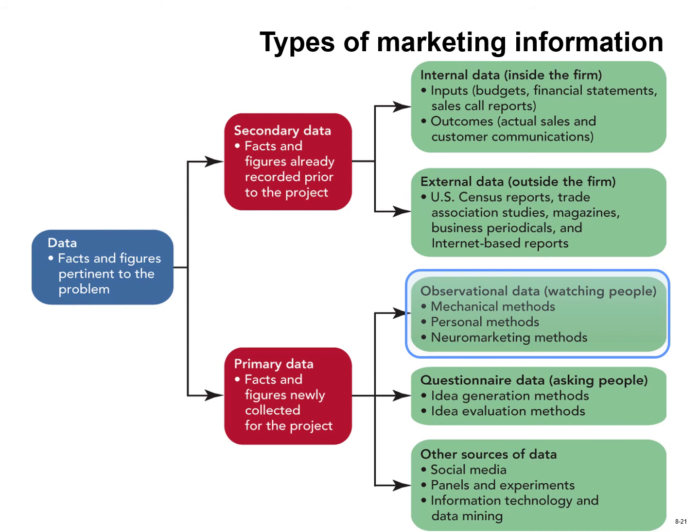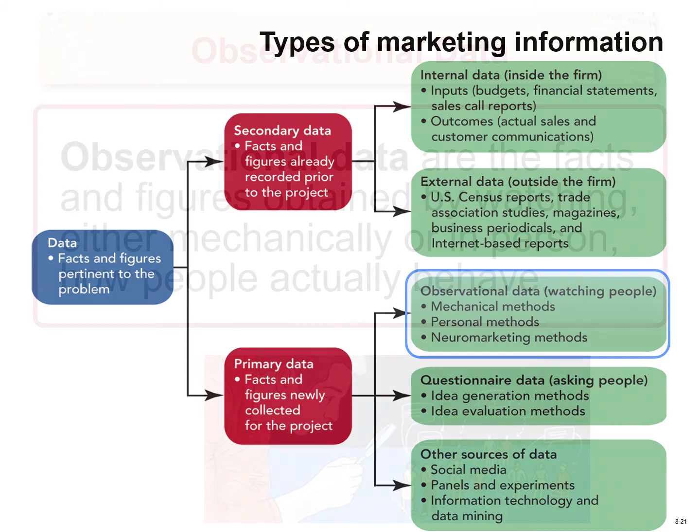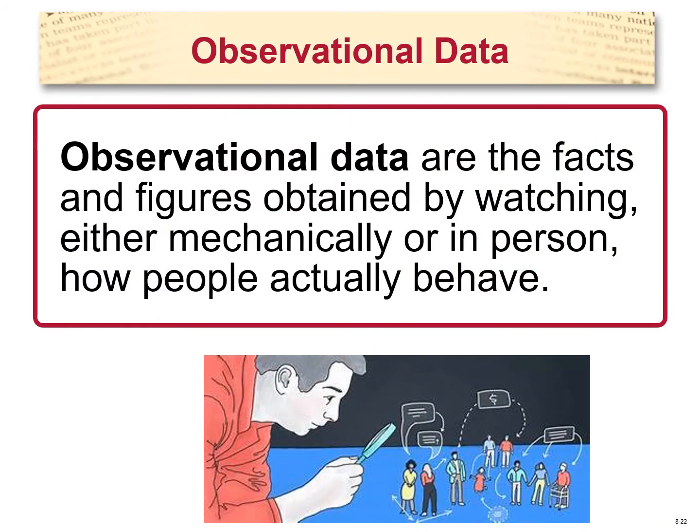So the first way of doing that is observational data, or watching people, as it says. And we have mechanical methods, personal methods, and neuromarketing methods to do that. And we're going to discuss them one by one. So observational data are the facts and figures obtained by watching, either mechanically or in person, how people actually behave.